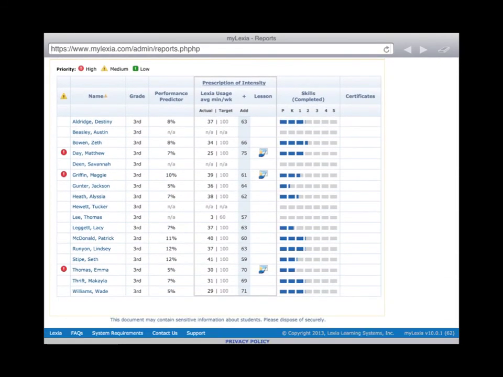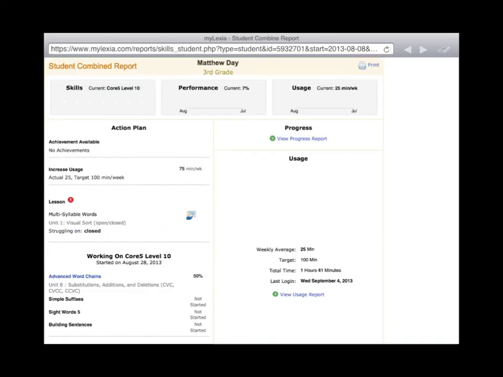If you look down, you'll see the children who have the priority reports marked, and you do see their lessons. There are several different ways that you can get to this information. You can click on the child's name, and when you do that, it pulls up information just about that child.